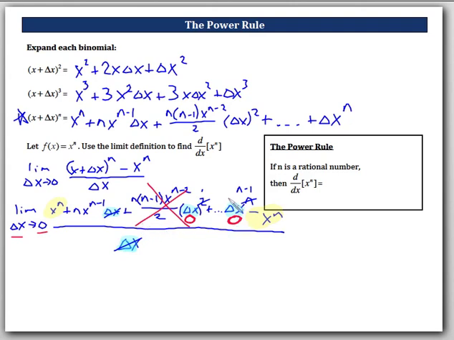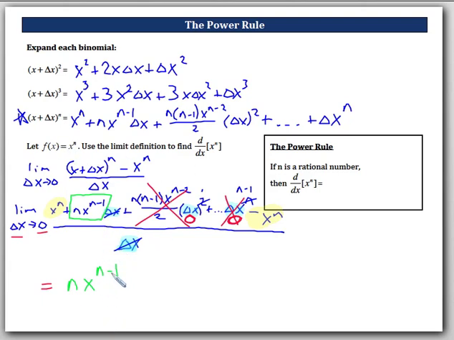And this, if it turns into 0, is also gone. So when all the smoke clears, what's the only thing left? Looks like it's going to be right here. Okay? And so overall we get n times x to the n minus 1.